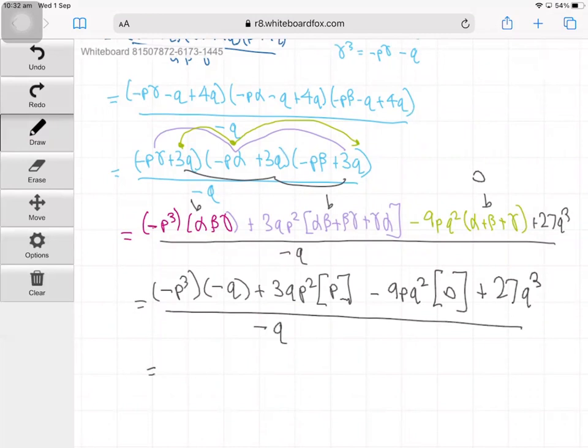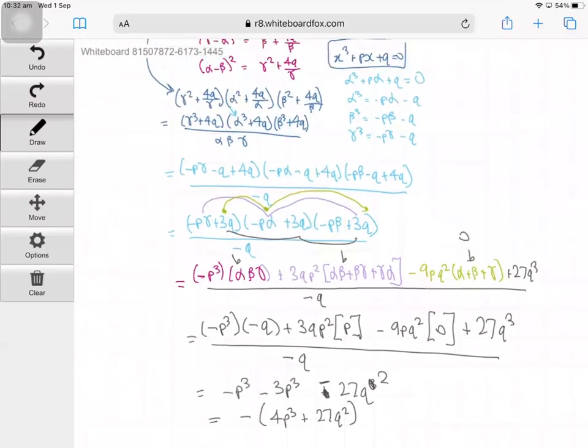When you divide by negative q, you'll get minus p cubed minus 3p cubed plus 27q cubed, which is equal to the, oh wait, this should be 3q minus 27q squared, and this is equal to minus of 4p cubed plus 27q squared.